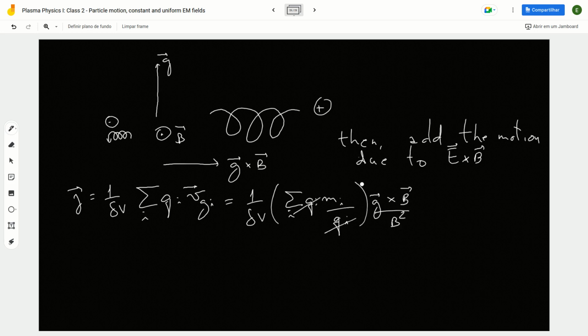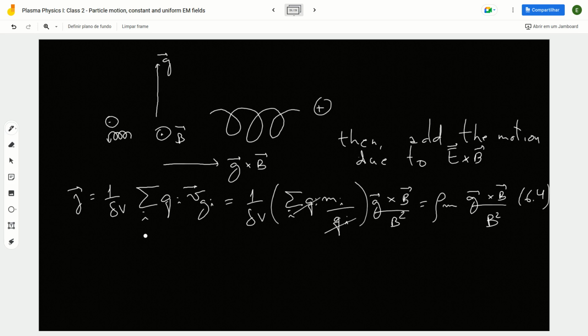I can cut this with this, and we end up with the mass density times G cross B over B square. So this is the current.